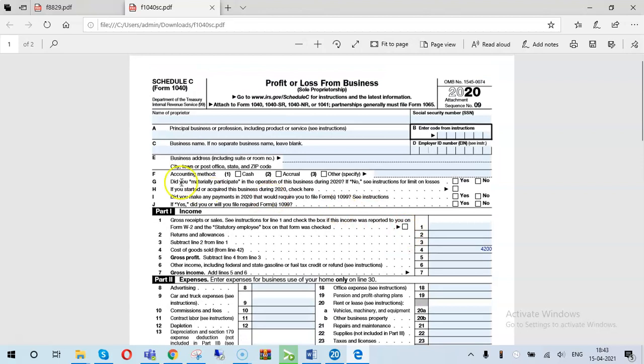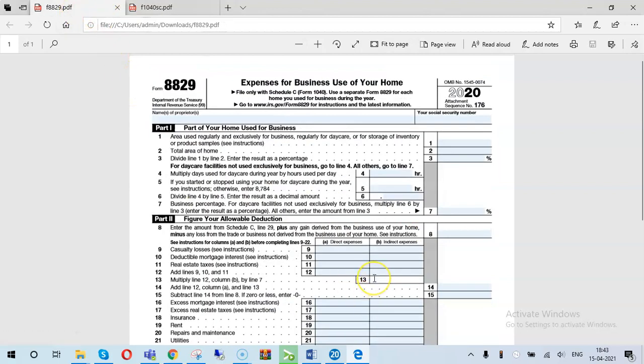So guys, just a quick recap of what we have discussed for 8829. It is basically expenses for business use of your home, and 8829 really helps you to figure allowable expenses for business use of your home on Schedule C, Form 1040, and any kind of carryover to 2021 of amounts non-deductible in 2020.